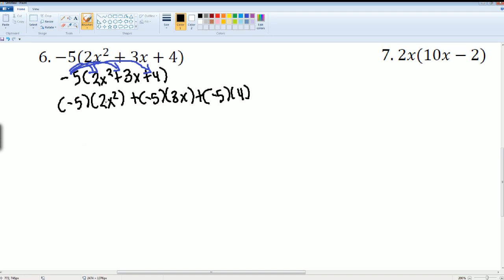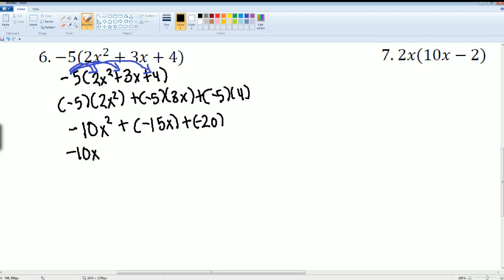Negative 5 times 2x squared gets you your negative 10x squared, plus negative 5 times 3x, which is your negative 15x, plus negative 5 times 4 gets you your negative 20. Here you can simplify.